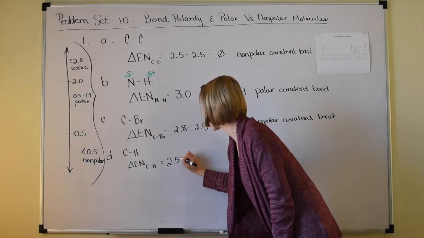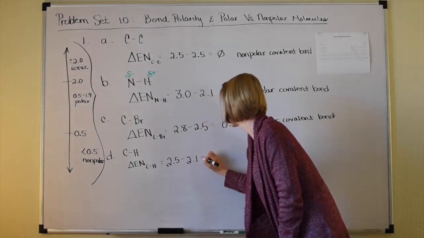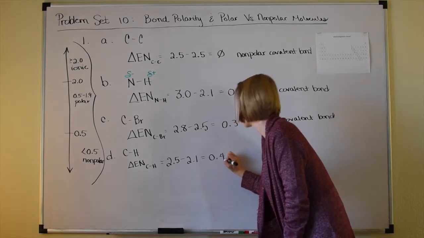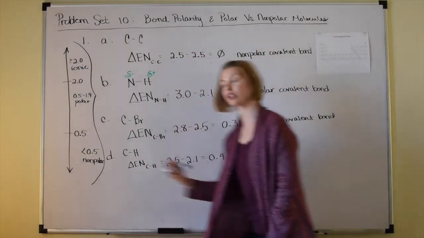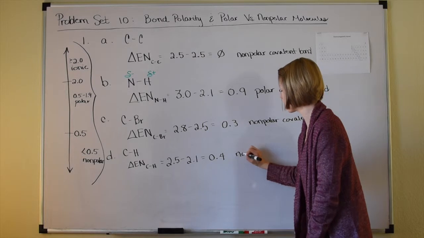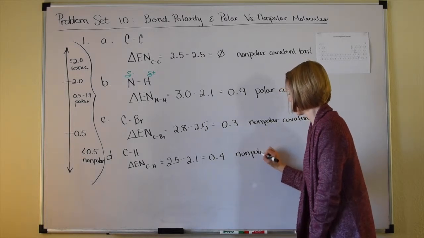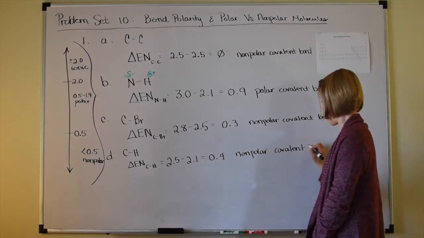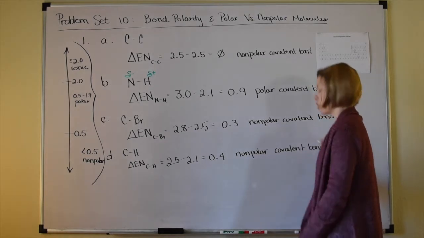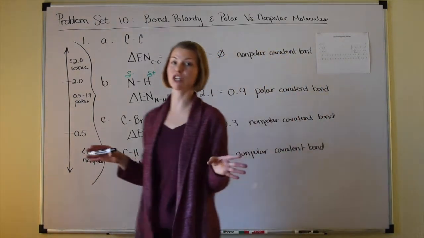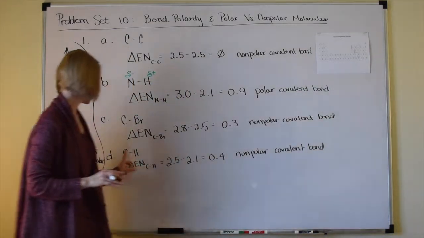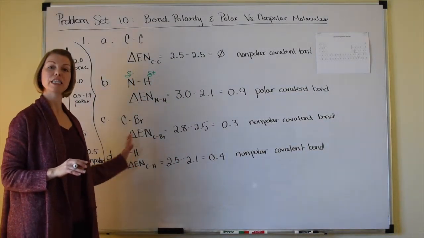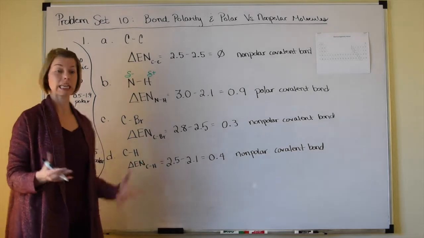So 2.5 minus 2.1 gives us 0.4, and that is in the nonpolar covalent range. So this is a nonpolar covalent bond. So again, no partial positive, no partial negative charge buildup.